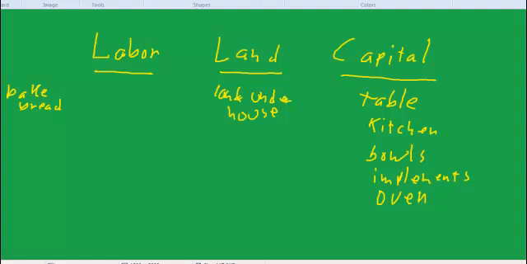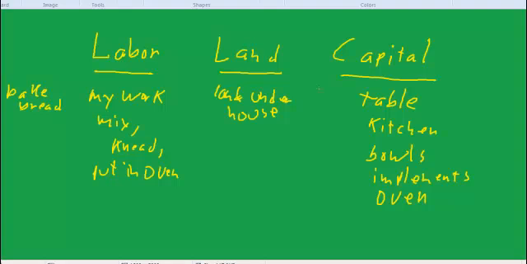So those are examples of capital. And then the labor is sort of my work. So my work is I mix the ingredients, knead the dough, put it in the oven, watch it, take it out of the oven, and all that stuff. So that's your labor, land, and capital.